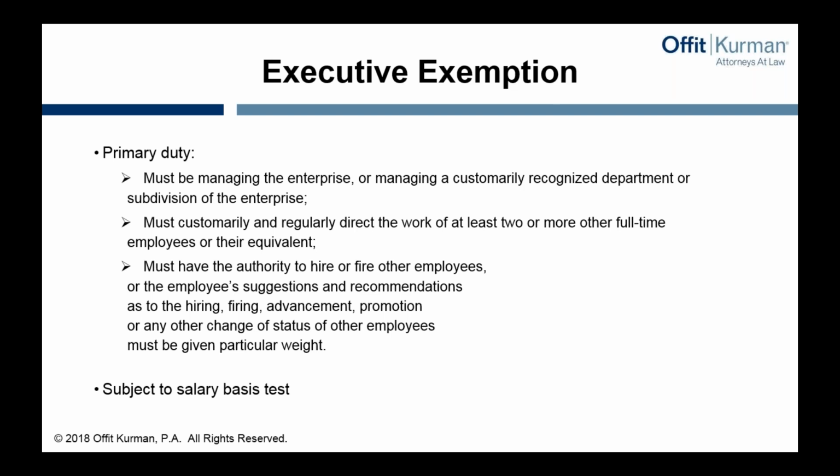So, as you can see from the bullet points here, someone will qualify for the executive exemption if they're customarily and regularly directing the work of at least two or more other full-time employees or their equivalent, and they either have authority to hire or fire, or they have a meaningful voice in that discussion. And it's hiring, firing, advancement, promotion, discipline, things like that.